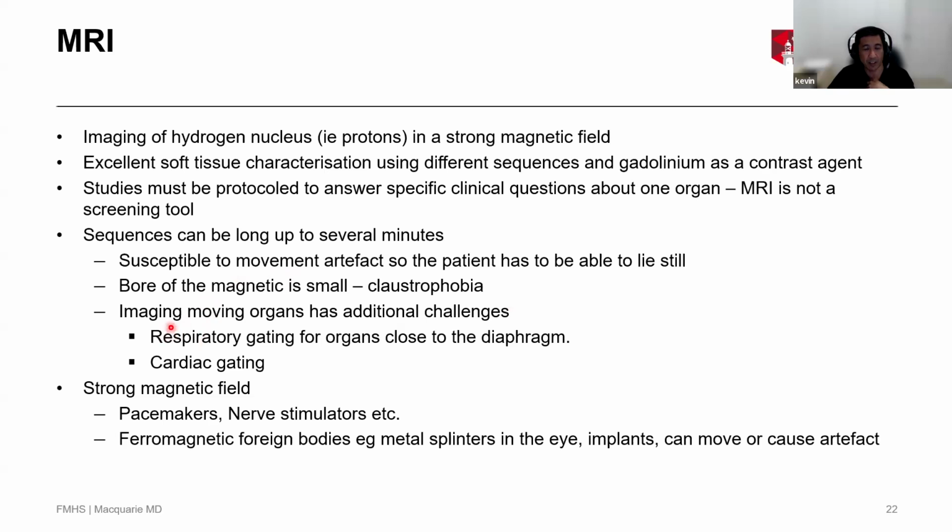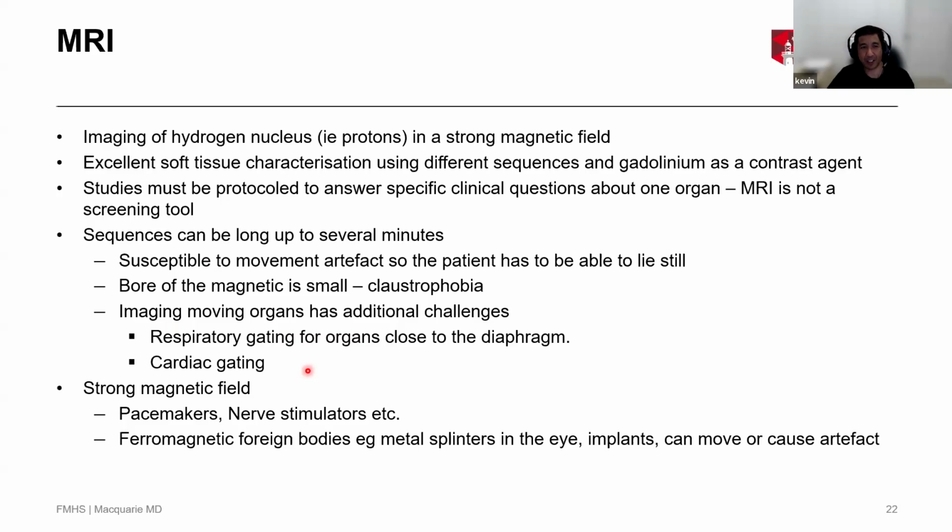It's also, because of the problem with the length of the sequences, not great for organs that move, okay? So the heart needs very specific imaging. They can actually do cardiac gating because the heart moves in time.